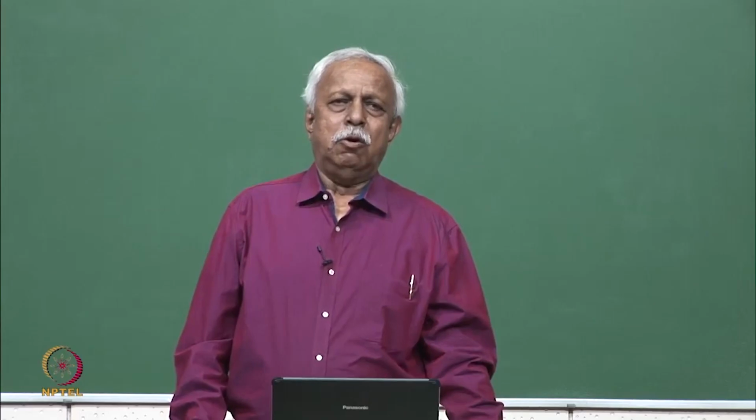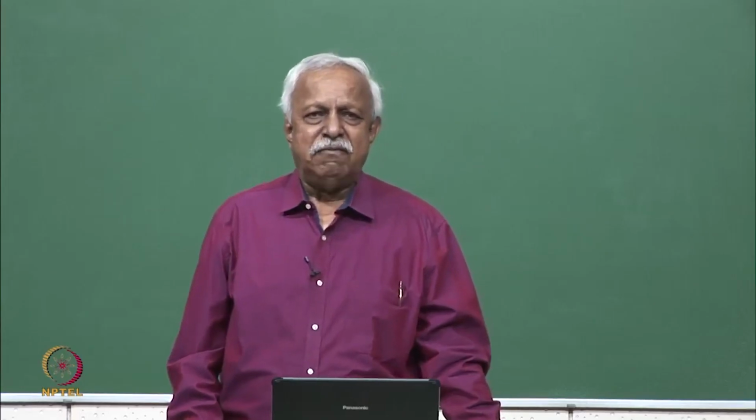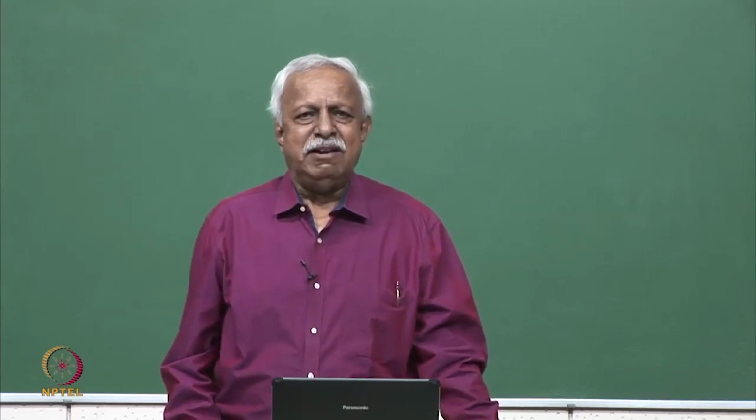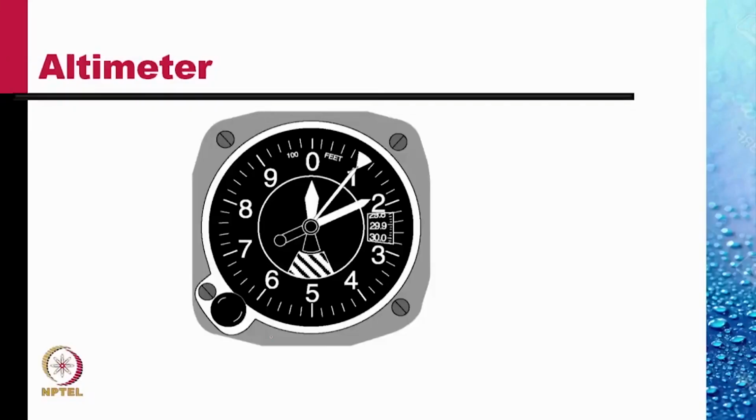Suppose your airfield is at 500 meters above mean sea level, and if your altimeter was calibrated only to show the height above the mean sea level, it would read 600 meters when you're only 100 meters above the airfield. This could be quite confusing.